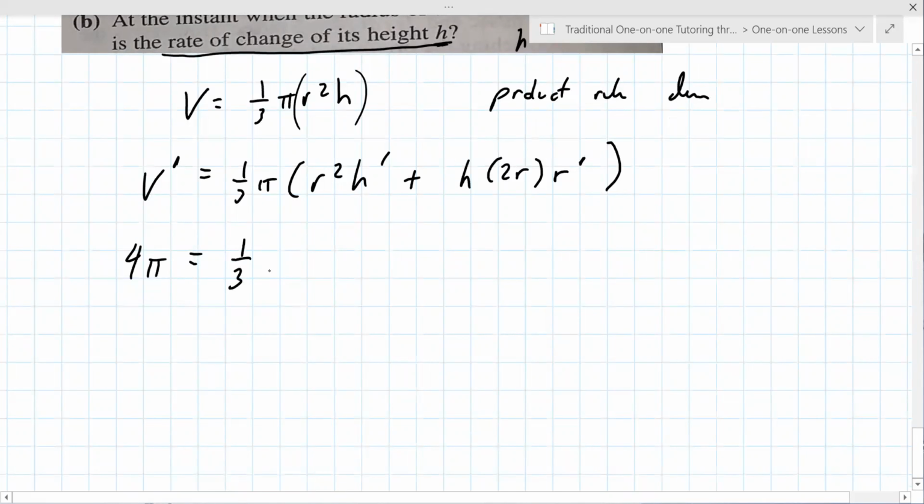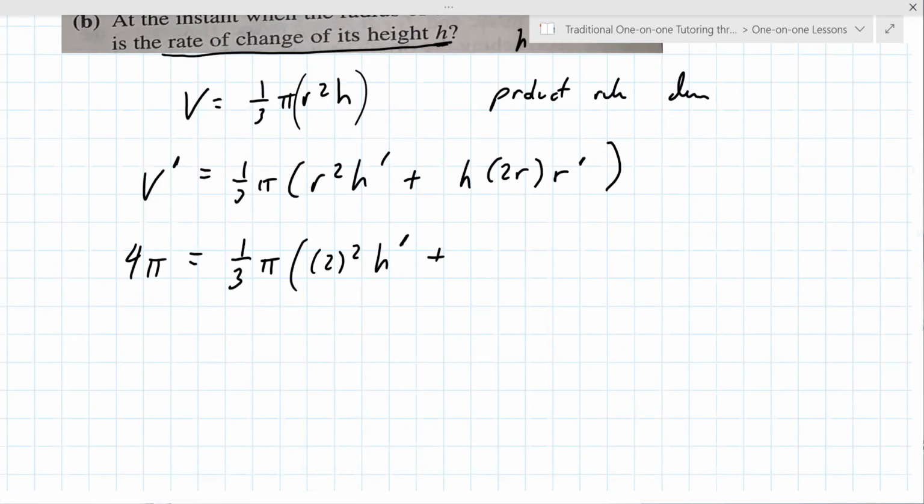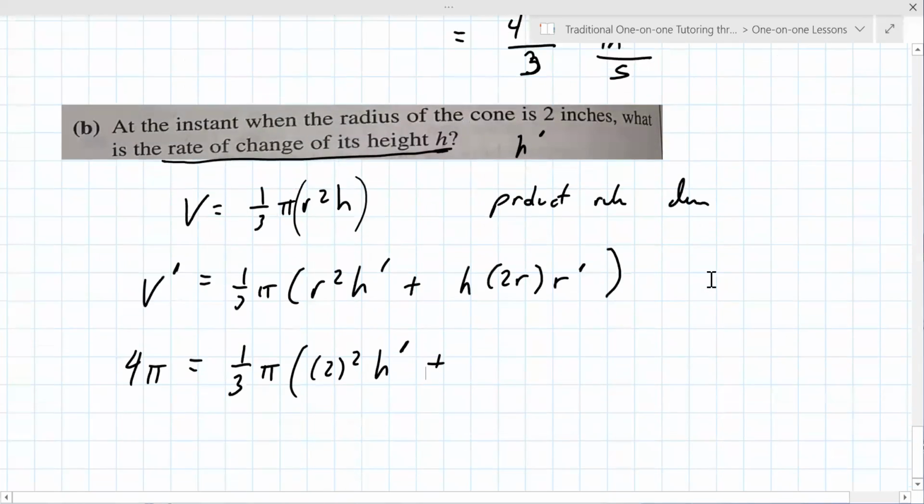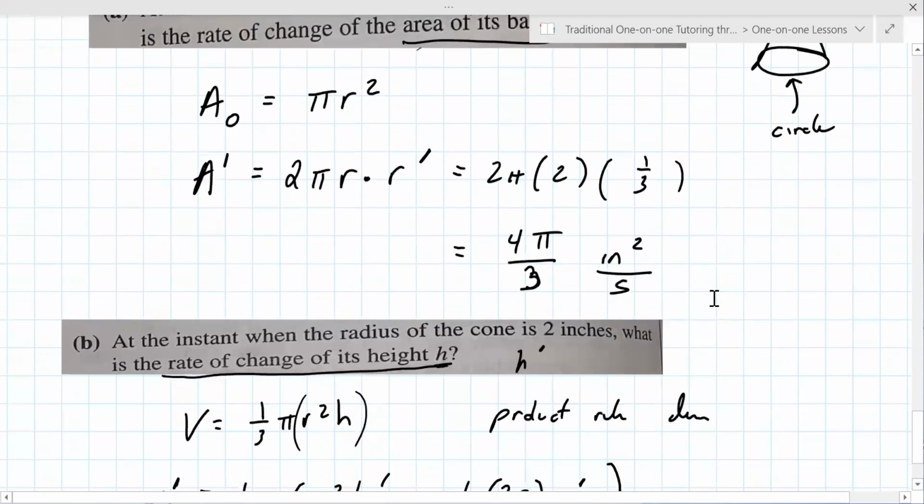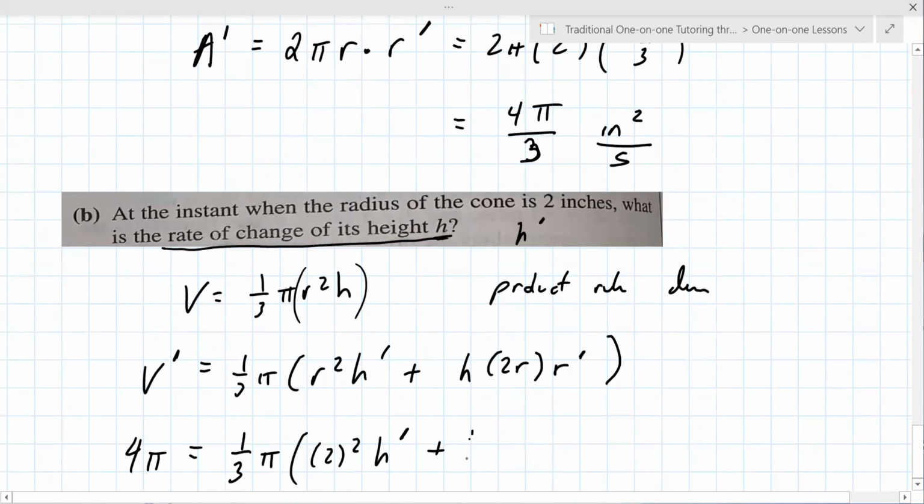Okay, and then what is r? R is 2. H prime is the thing we're solving for. H, do we know H? No, so we don't have H, but we will find it shortly. R is 2 again, and R prime is 1/3.